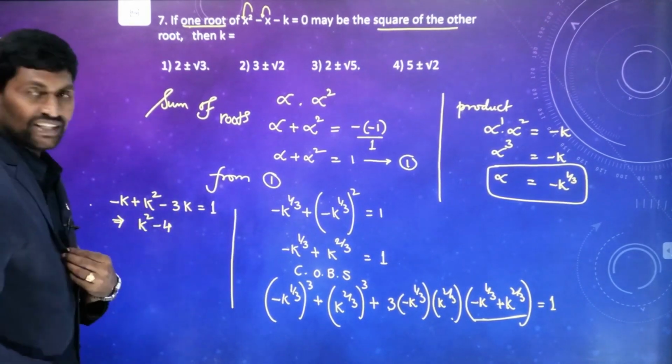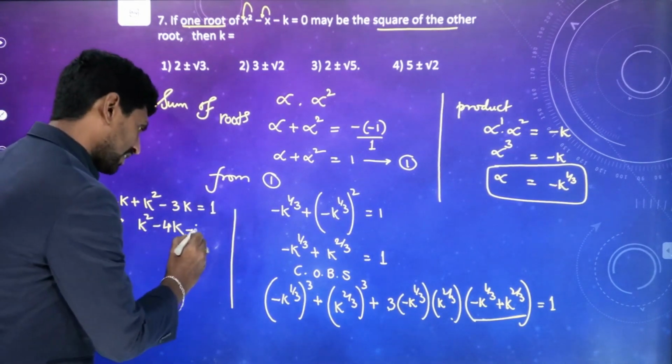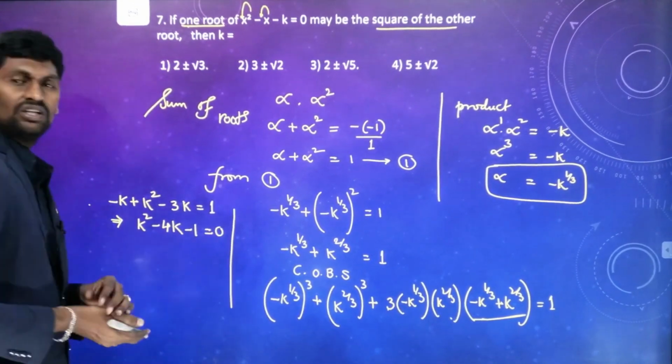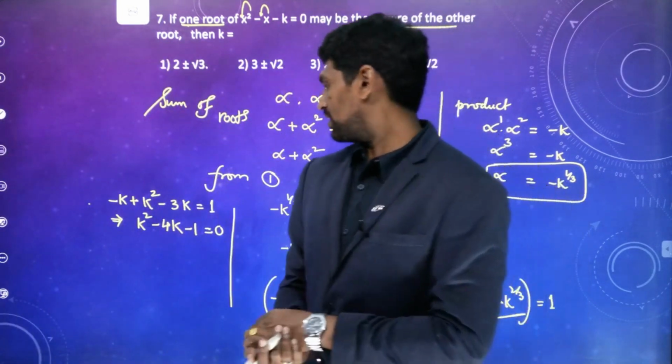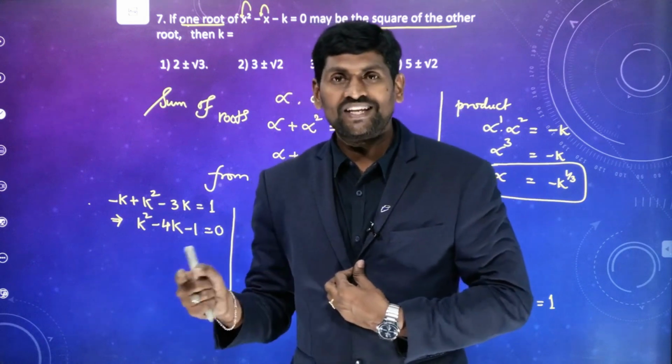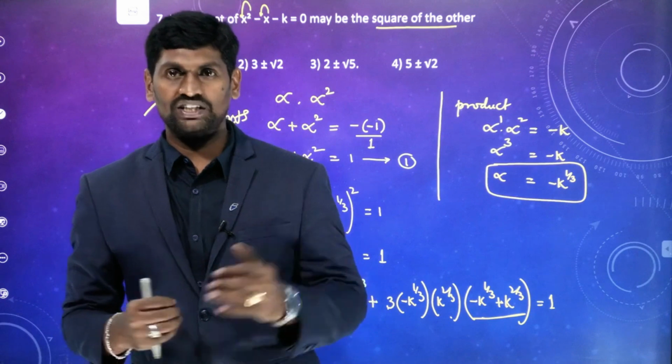Minus k minus 3k becomes minus 4k, and plus 1 transpose this side becomes minus 1 equal to 0. Now it is also looking like a quadratic equation. Then we can apply the formula to find the roots. k is equals to minus b plus or minus square root of b square minus 4ac by 2a condition.